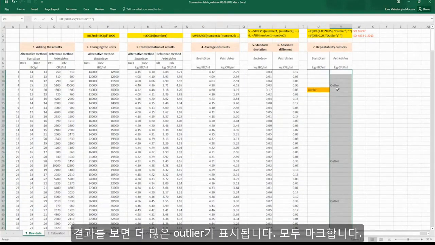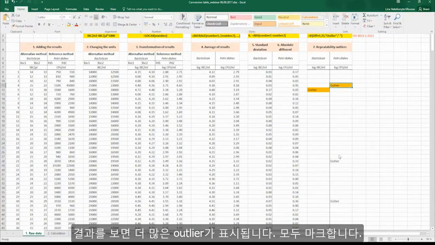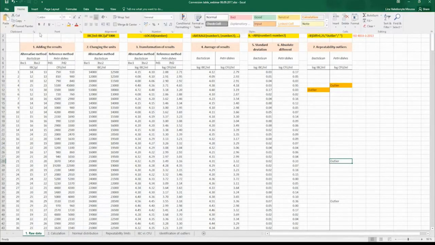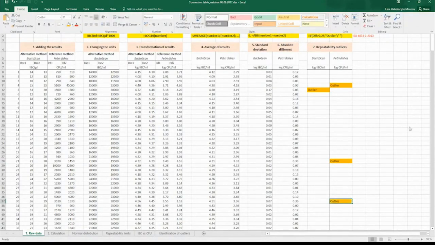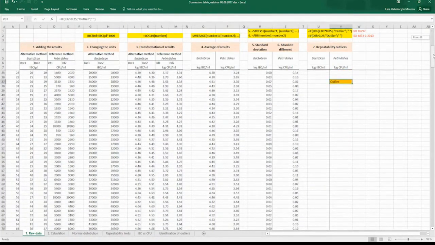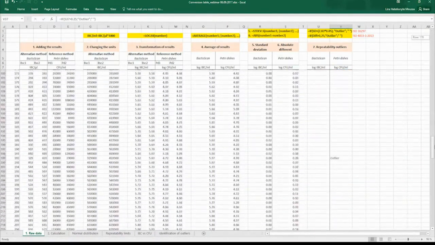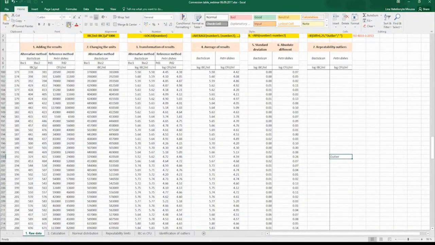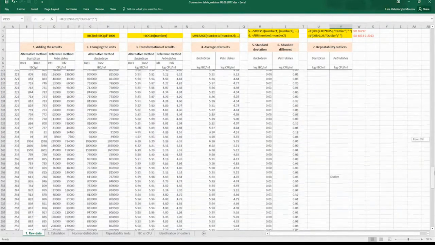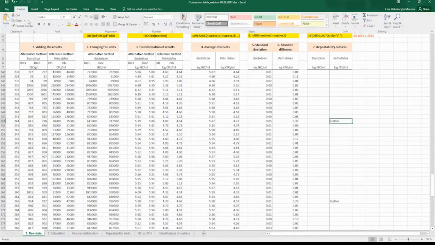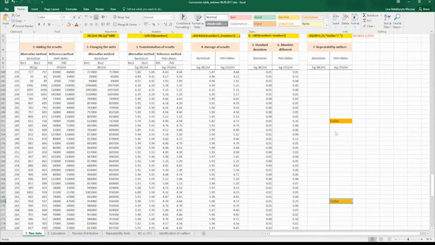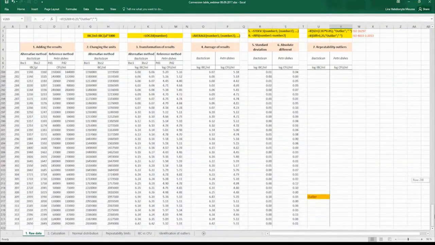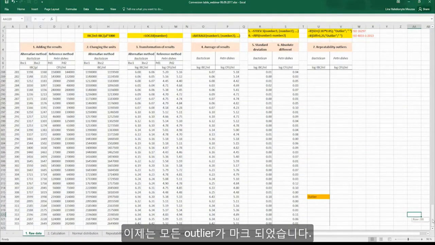And you can see already that we have more outliers here, and we have to mark all of them. So now all outliers are highlighted.